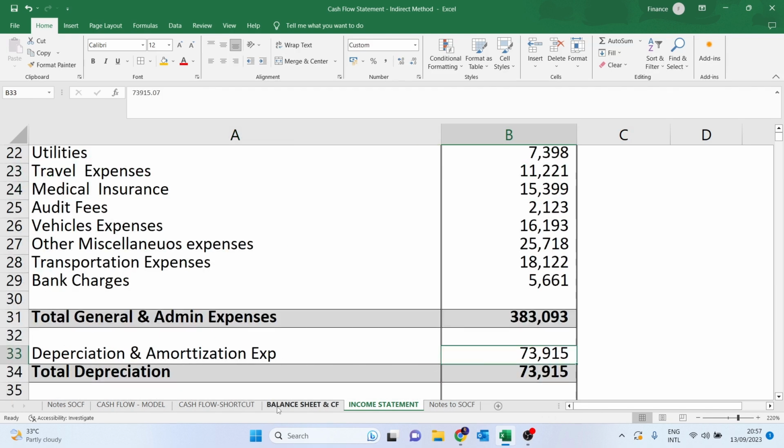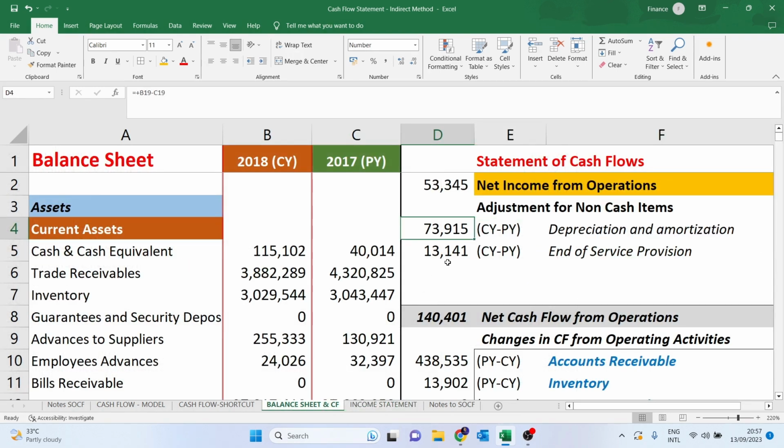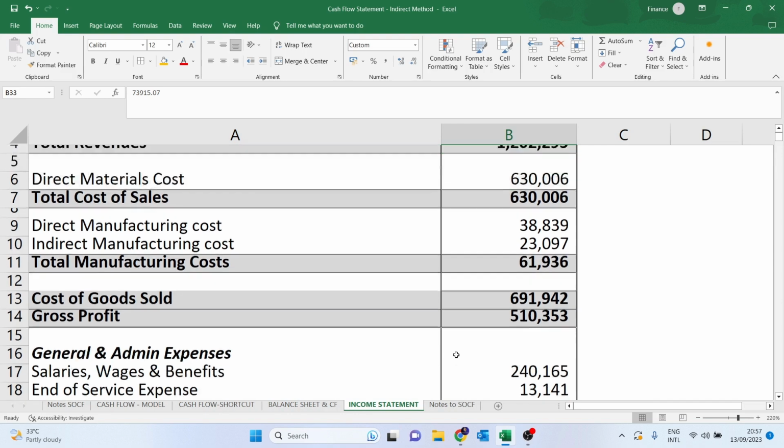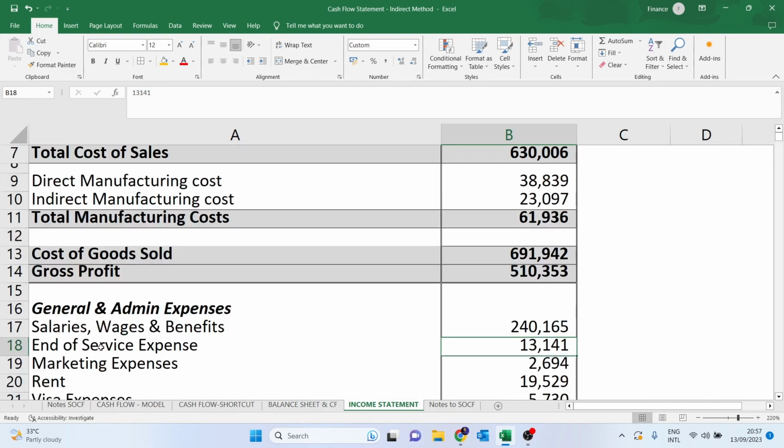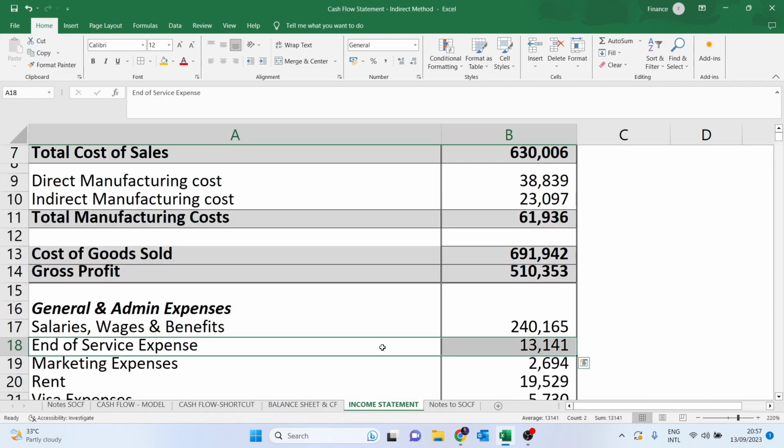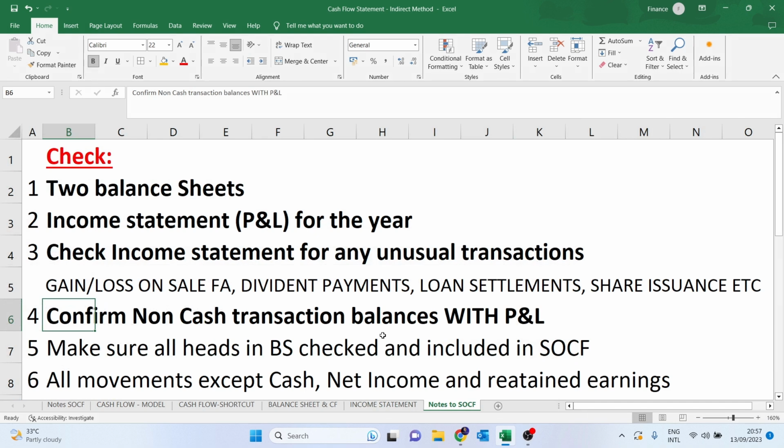That is what we have added up here. And then end of service, just now we have checked that 13,141 is the end of service. You make sure these non-cash items also match with the income statement.